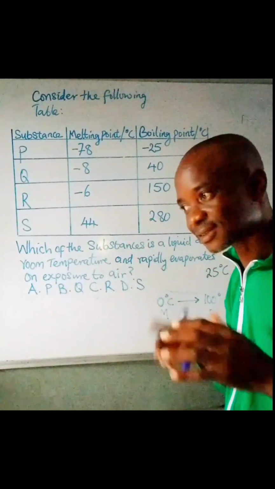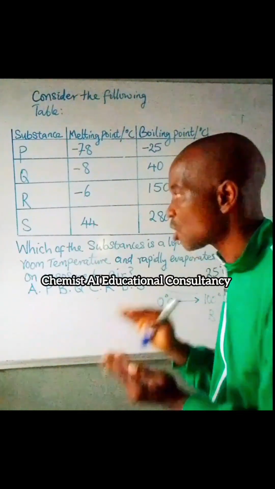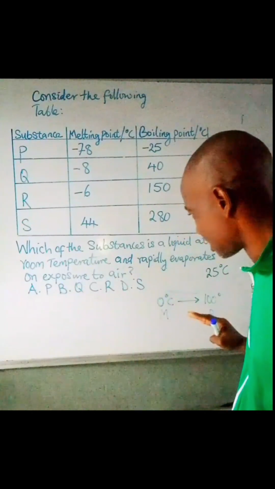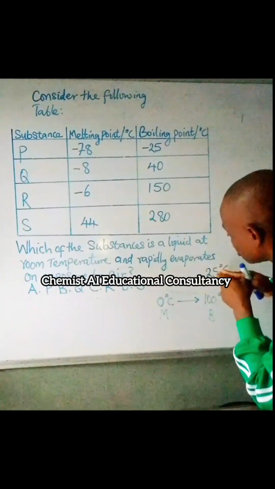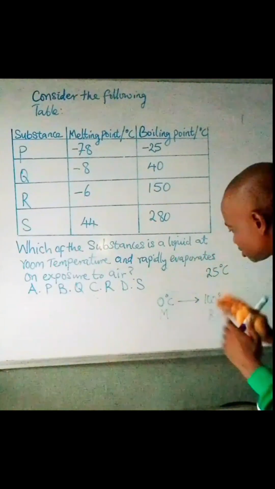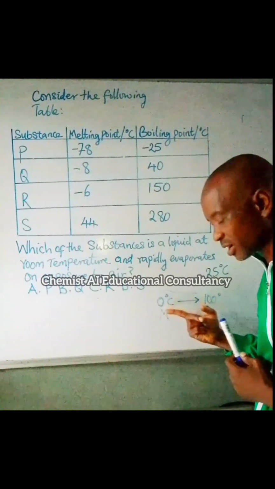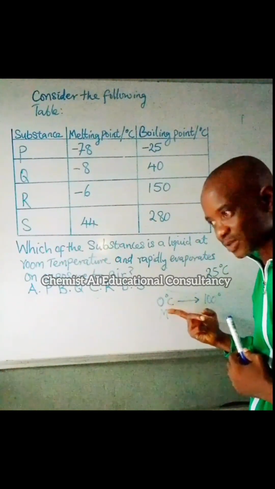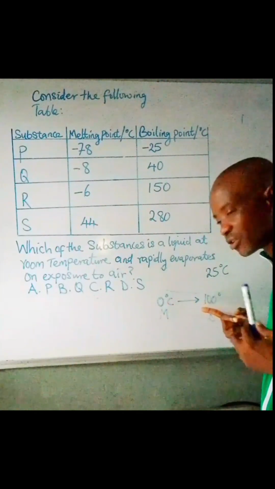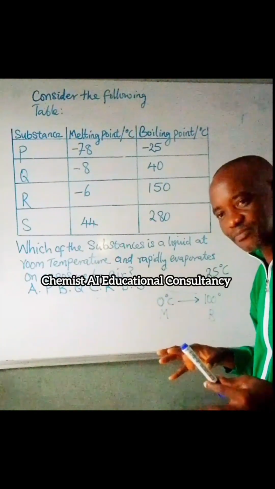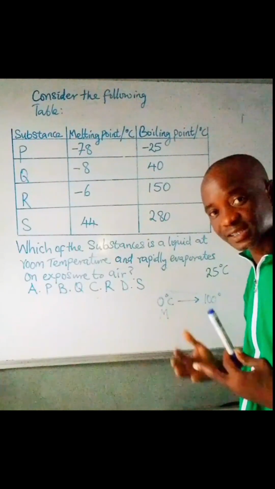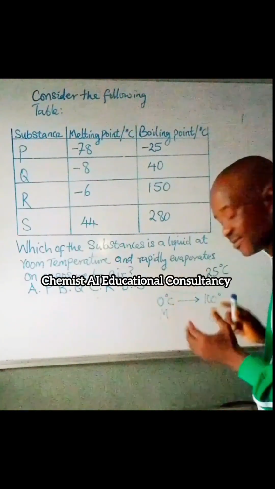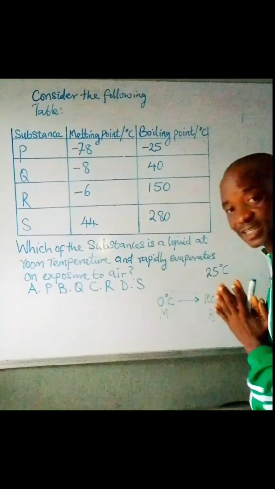Now, if the substance rapidly evaporates on exposure to air, it means that the boiling point is very close to 25 degrees Celsius. Just like when you are heating water from 0 degrees, which is the melting point, as you approach 100, the water begins to evaporate and the vapor pressure increases, the vapor quantity increases, becomes exactly very high at 100 degrees Celsius.